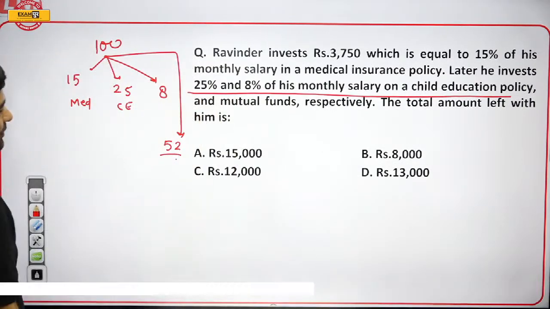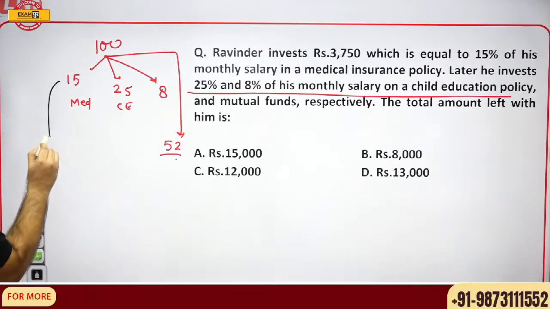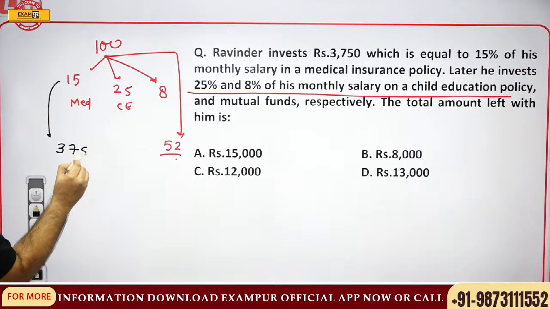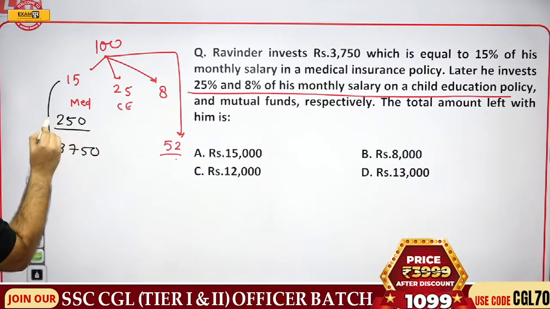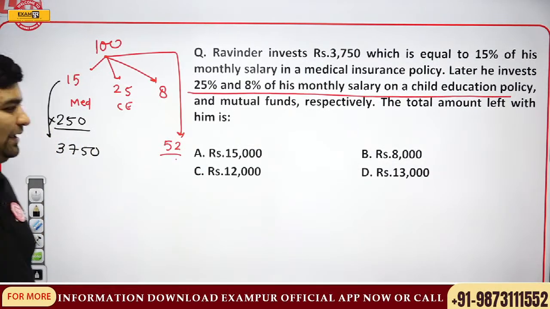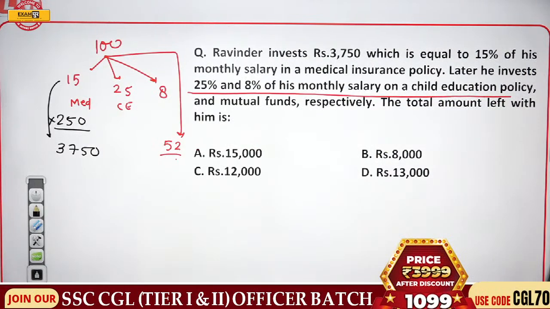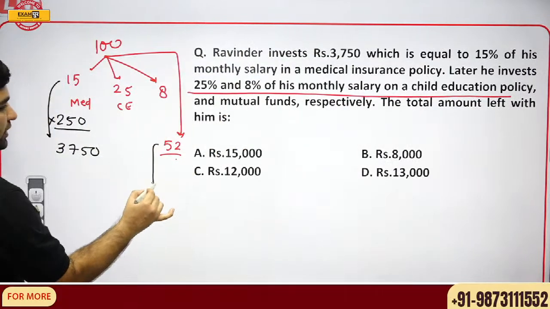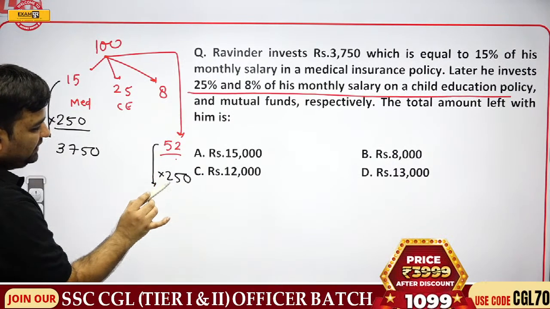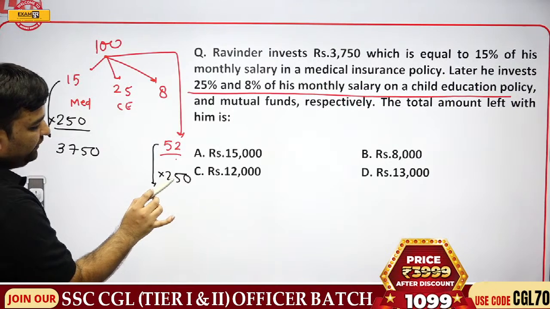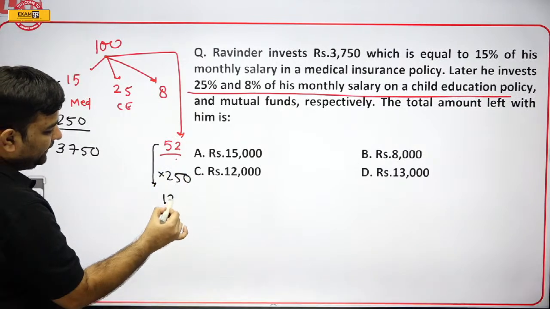Okay, remaining is 52. 15% value is given as 3750. 15 twos are 30, 15 sevens are 105, so the multiplication is 250. The total amount left with him is 52. So 52 into 250. 25 into 5 is 125, and 125 plus 500 is 13.